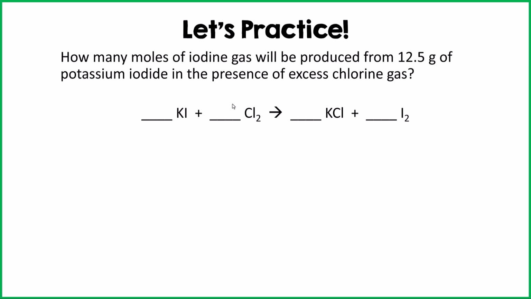So how many moles of iodine gas will be produced from 12.5 grams of potassium iodide? So these are the two substances that we are comparing in this reaction. First step is to write our equation and balance it. So pause the video, balance the equation, and then come back.